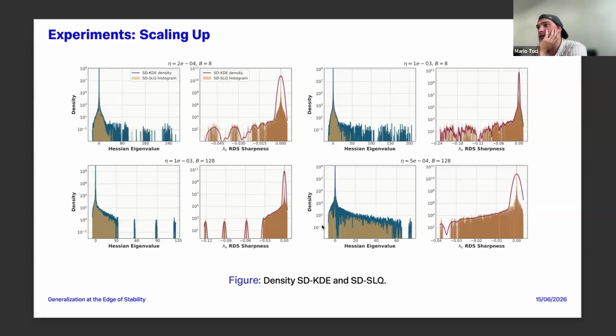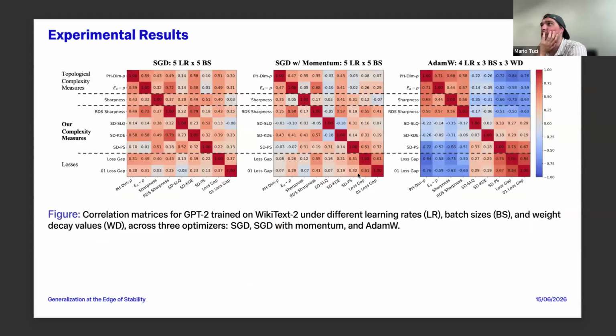What we can see here, for instance, is SGD on GPT-2, so we get at least the density of the whole spectrum. Then we run those experiments for SGD and Adam, and we see that our quantities correlate quite well, while for instance the persistent homology and the alpha-weighted lifetime sum, which were proposed before, and actually also require a trajectory, which is not easy to store and which you don't always have access to, are negatively correlated, while our quantities stay positively correlated.